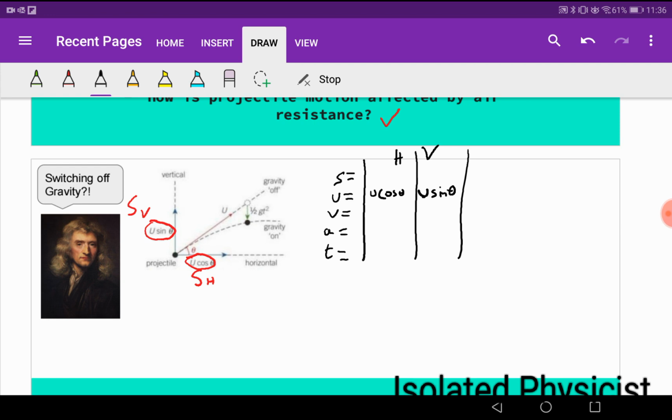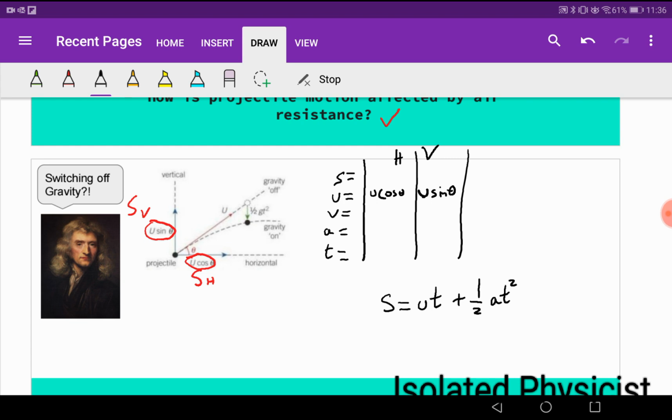So what would the normal equations for S look like? Well, in either plane, the equation would look like S equals ut plus a half at squared.